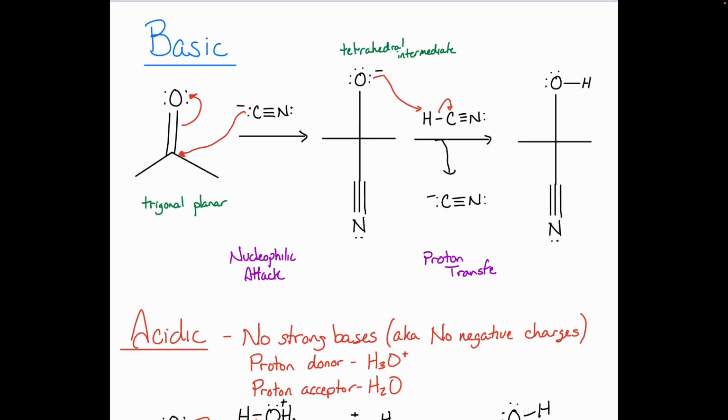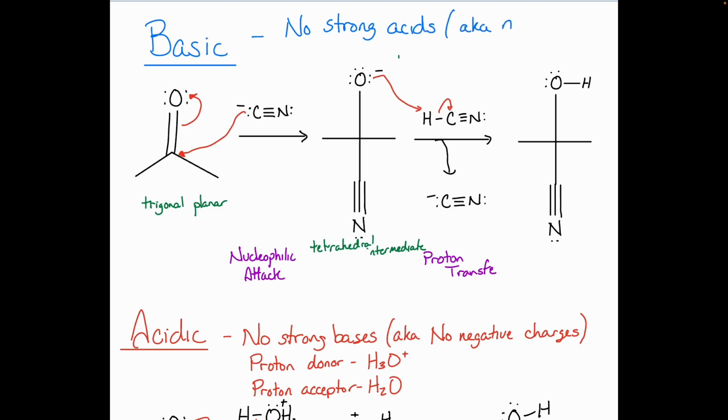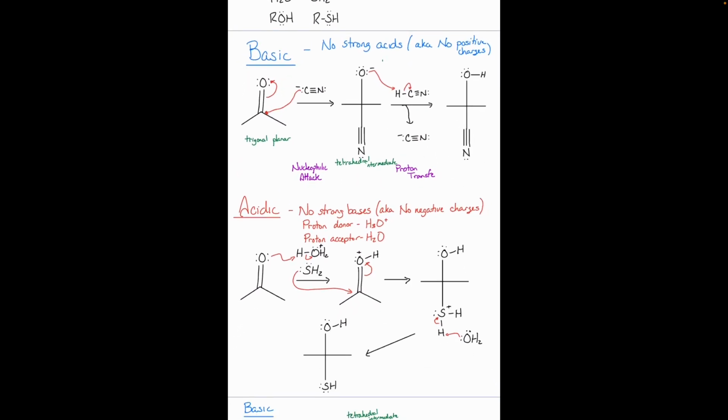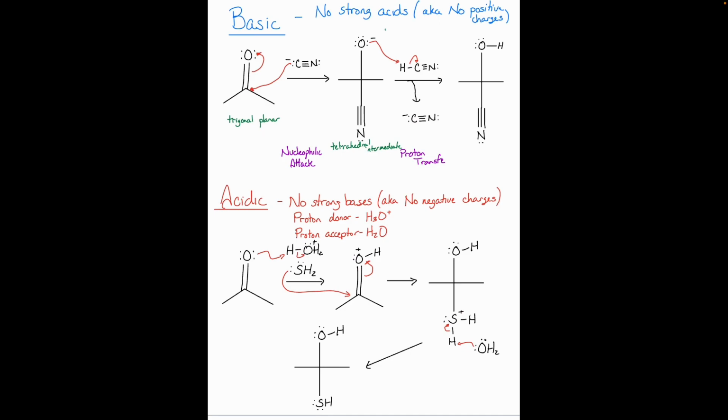Under basic conditions, we can make a note: the opposite, no strong acids, AKA no positive charges. But again, in both cases, we have our nucleophile attached to our formerly carbonyl carbon.